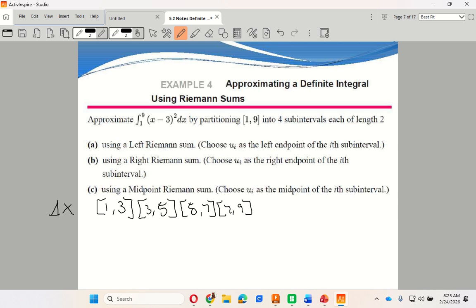So I could basically say 2 times the left side, which is going to be f of 1 plus f of 3 plus f of 5 plus f of 7. Now, this only works when I have equal subintervals. That means my delta x, all the thicknesses, are all the same.